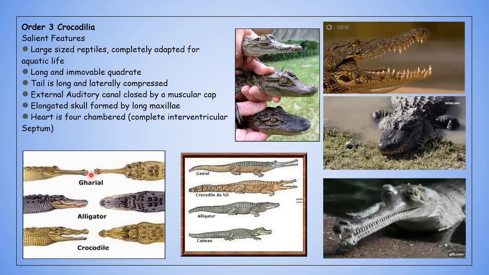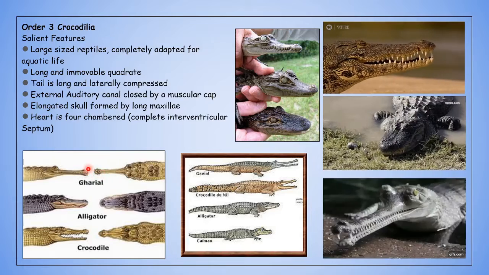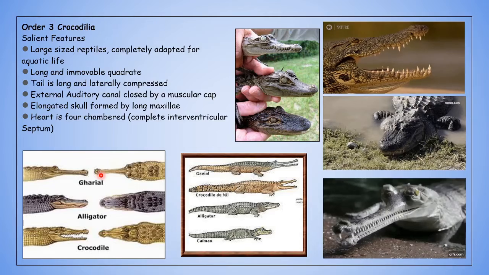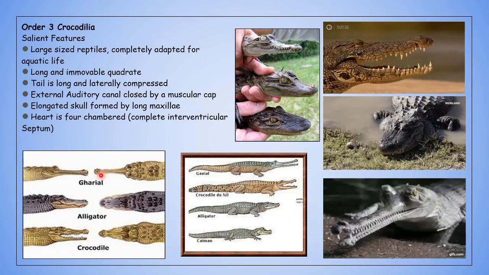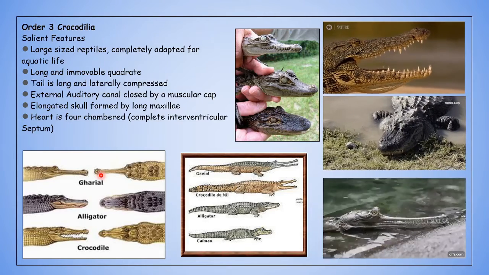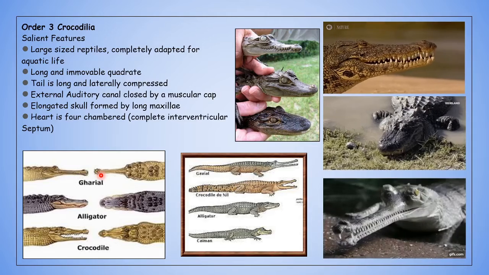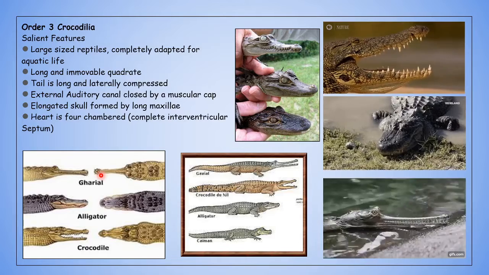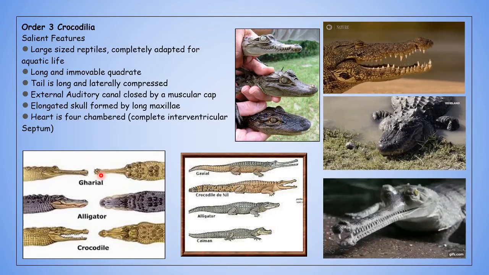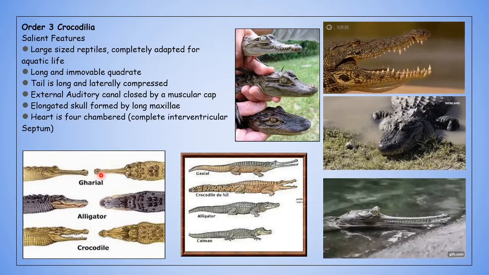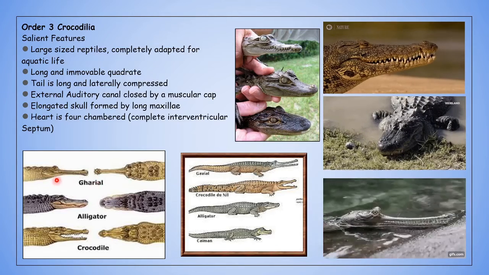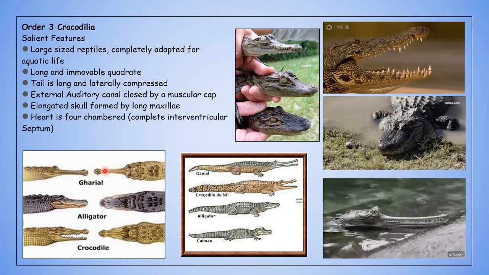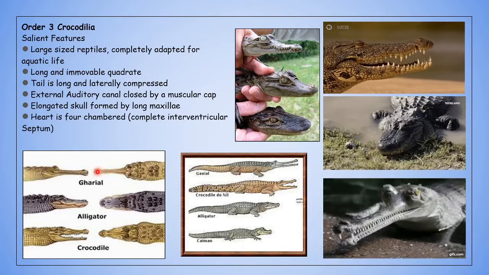When it is in water, the snout will be at the surface, and the shape of the tip of the snout resembles a mud pot placed upside down, and that is why they have given the name gharial.